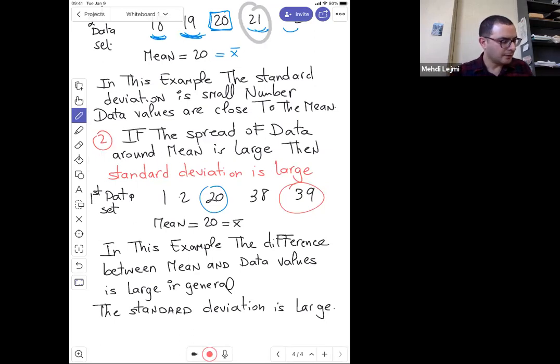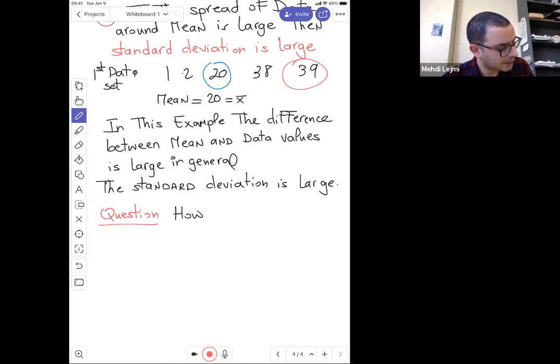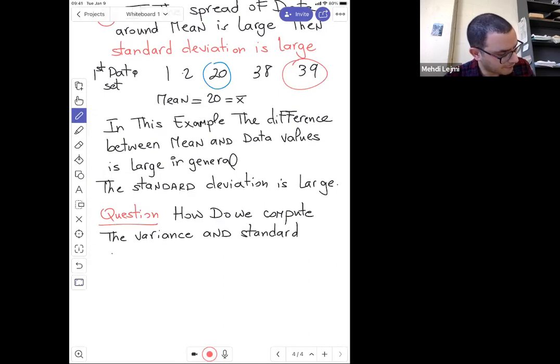So now I'm going to show you how to compute the standard deviation and the variance, and then I'll show you how to use them to compare data sets. So now I'm going to answer the following question: how do we compute the variance and the standard deviation?